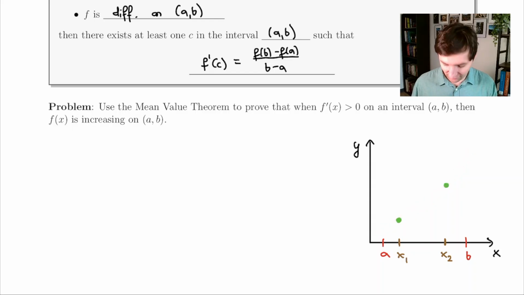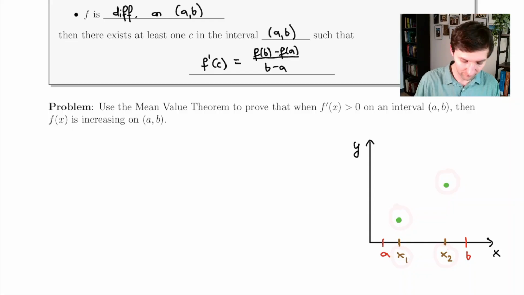If the value at x2 was less than the value of the function at x1, then that function would not be increasing. My goal then is to choose any 2 points between a and b and show that if x1 is less than x2, then the value of the function at x1 is less than the value of the function at x2.